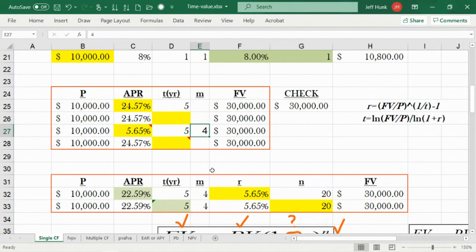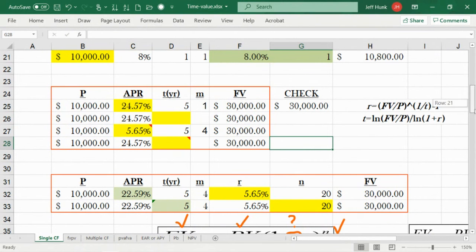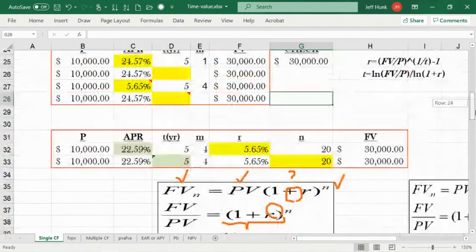If M is greater than 1, N is always T times M. Even when M is 1, N is still T times M, but there's no difference. 5 times 1 is still 5, right? Now, does everyone understand?